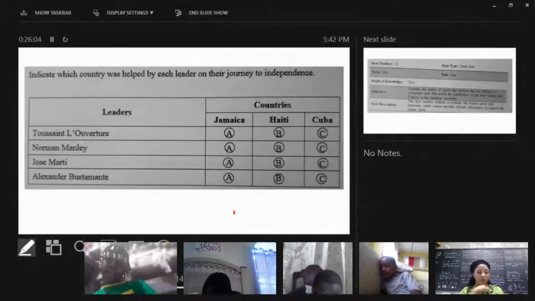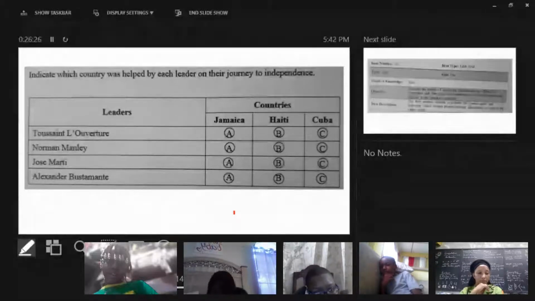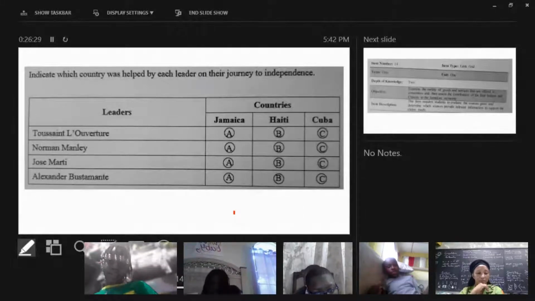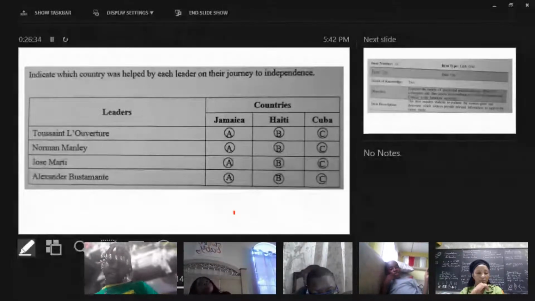Leaders: Toussaint Louverture, Norman Manley, Jose Marti, Alexander Bustamante.